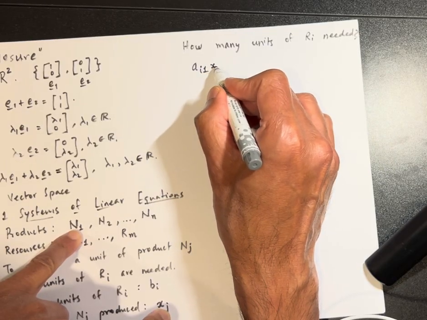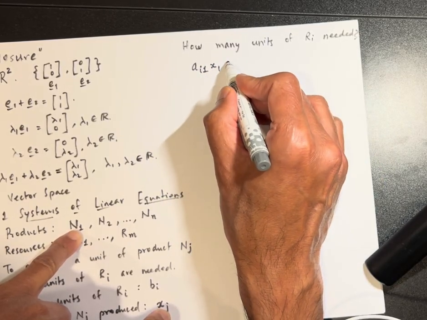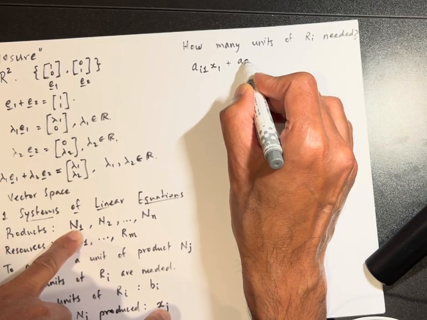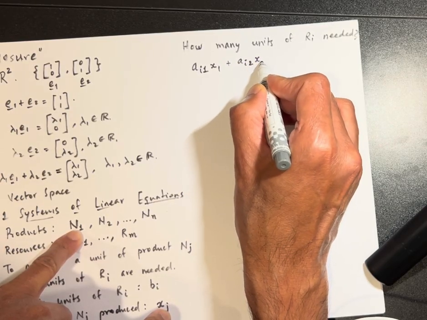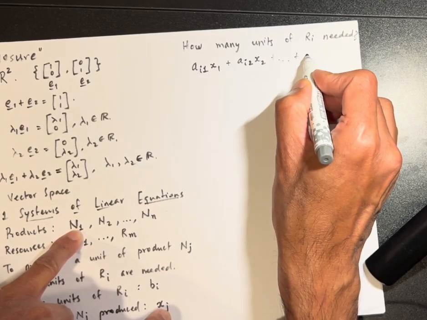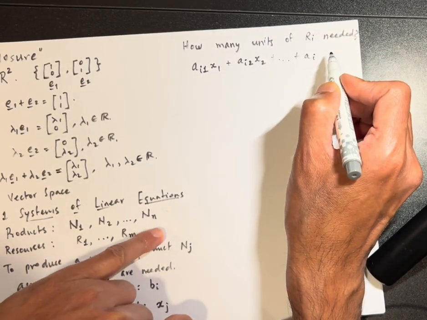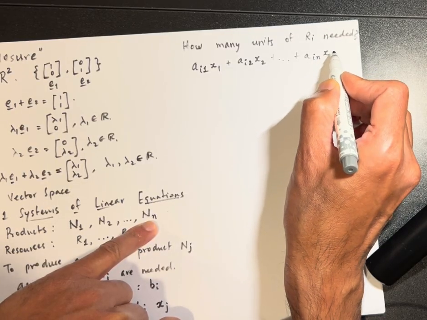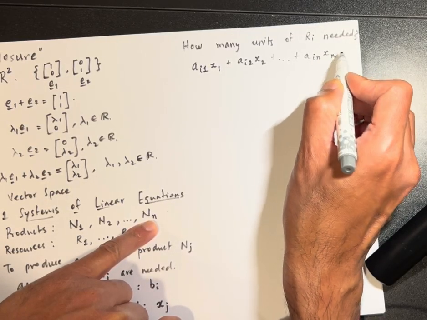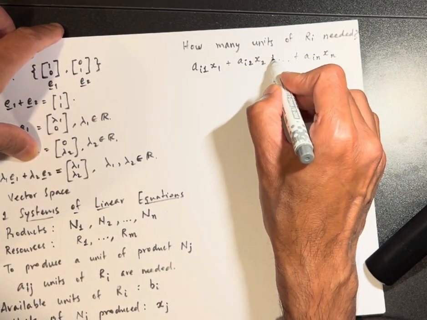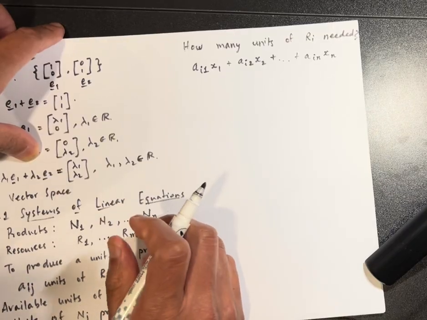And then for the next one the resource is again i, so Ai2 times x2, and so on up to Ain and xn. So this is how many units of Ri are needed overall for making all these products.